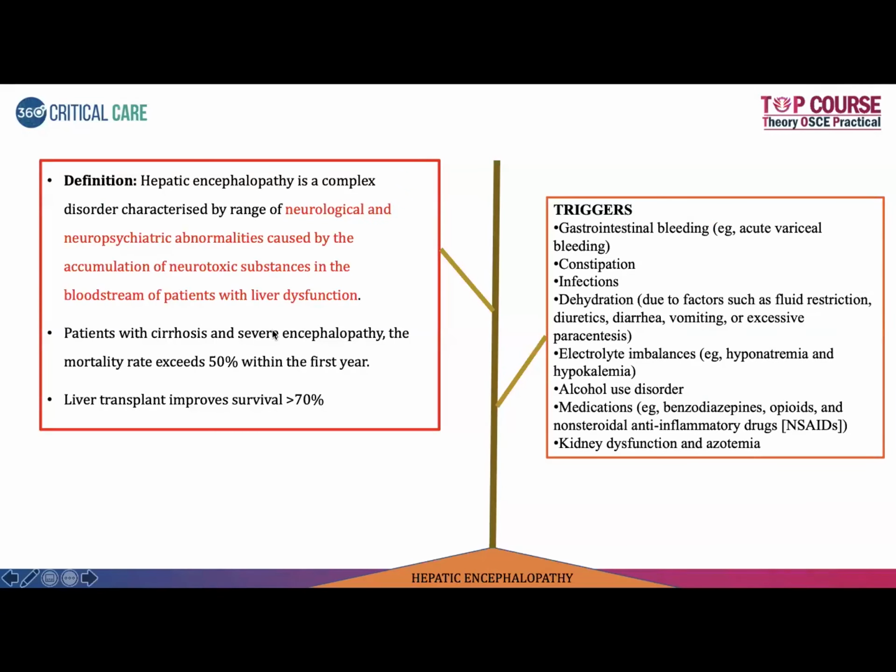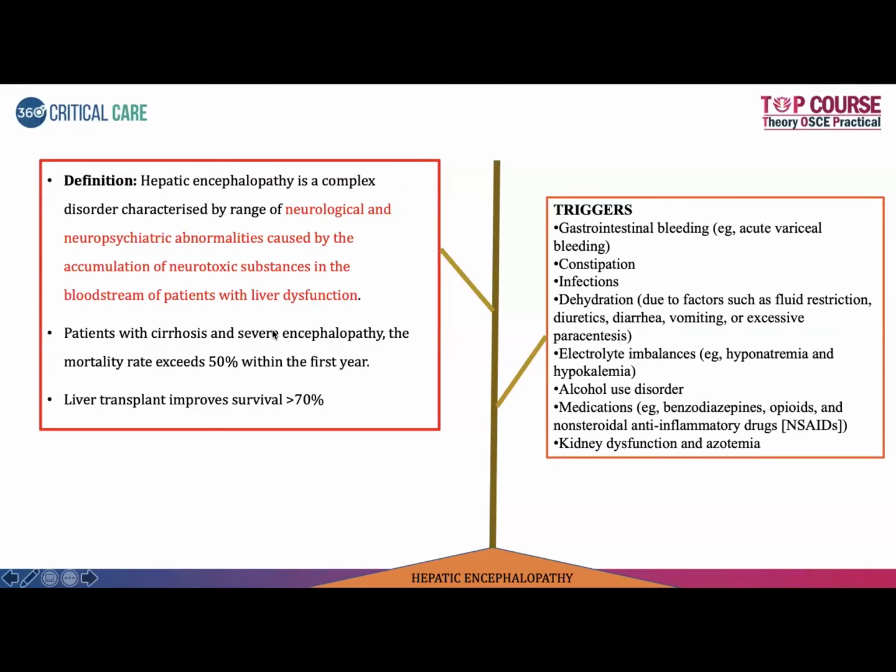So what happens in cirrhosis? In cirrhosis, there is liver failure, hepatocyte dysfunction, there is portosystemic shunting, there is sarcopenia. So the muscle mass is getting lost. There is electrolyte imbalance, which are potential triggers. There can be precipitating events like GI bleed, infection, and all that. And all these conditions trigger a state of systemic inflammation.